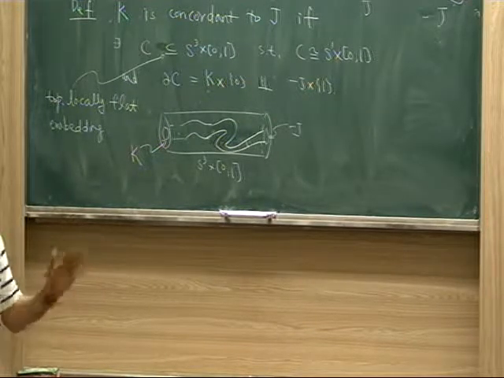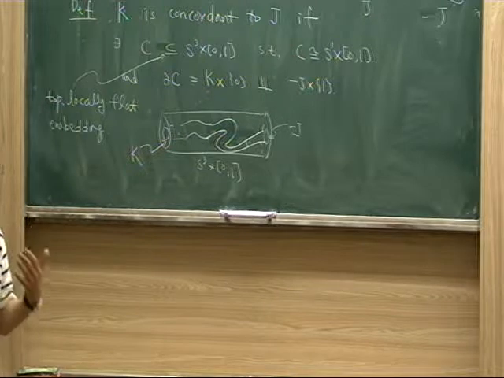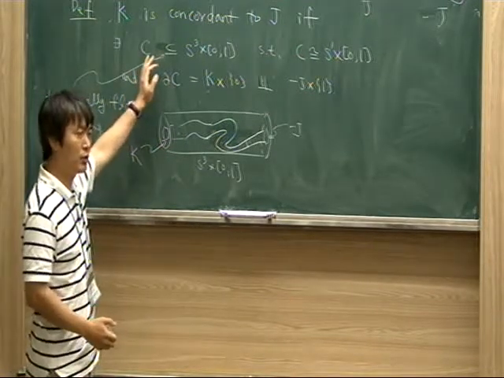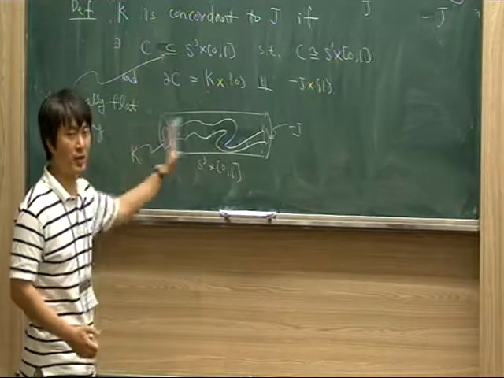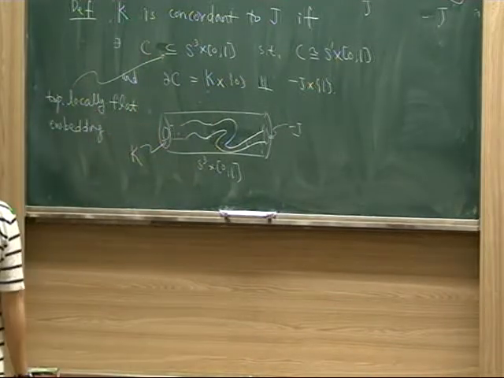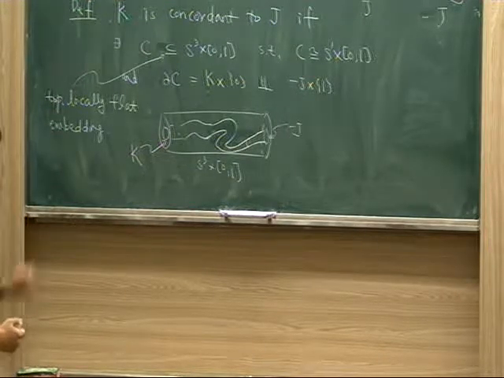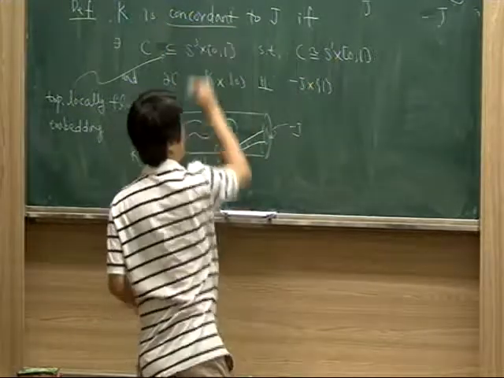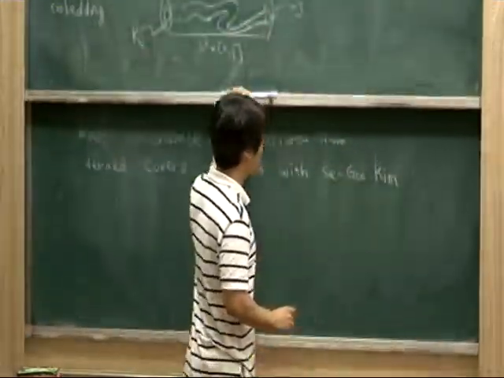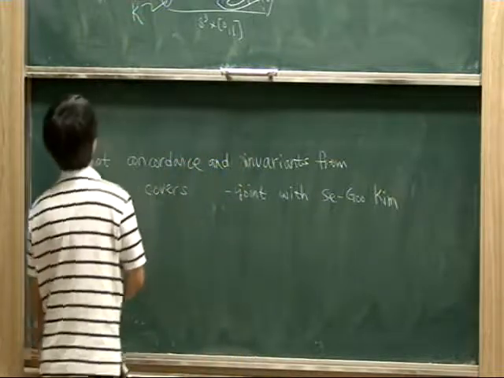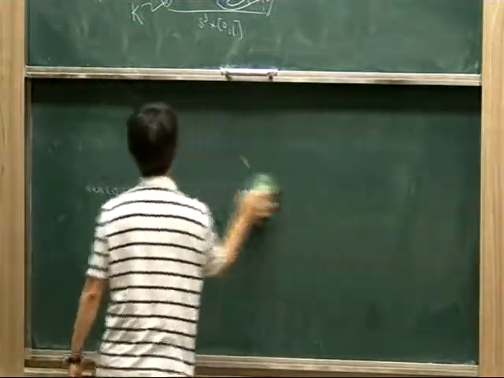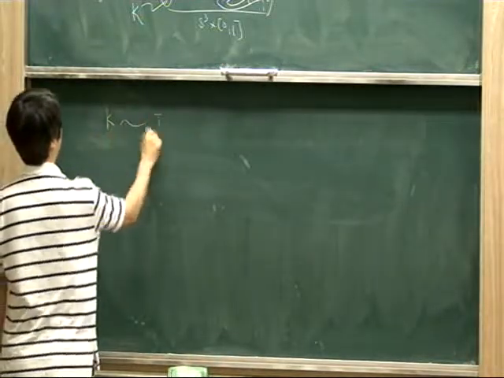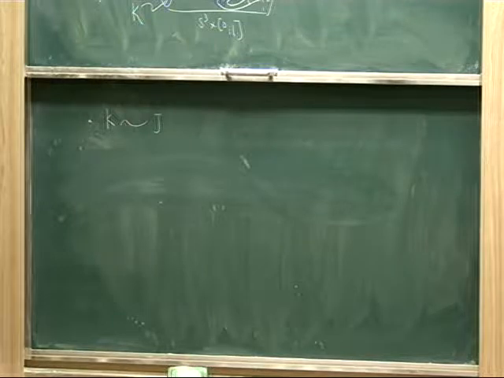If you are not familiar with this notion, then just think that we have a topologically embedded normal bundle of the surface inside this four-manifold. Okay, so this turns out to be an equivalence relation. And I'm going to use this notation: K ~ J means K is concordant to J.